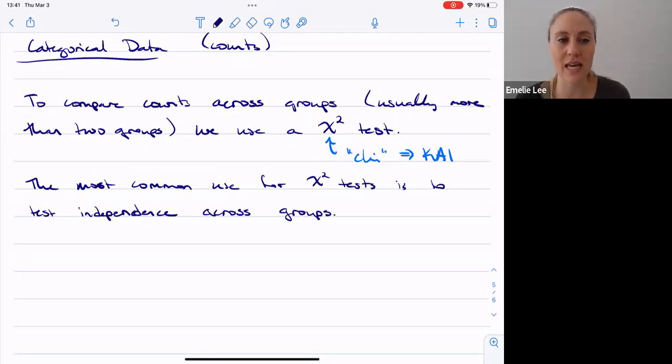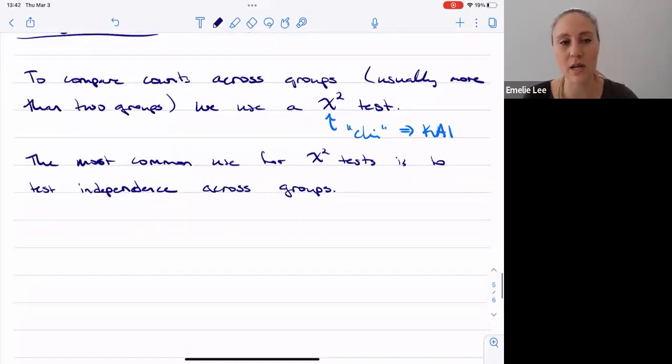So really what we're saying is, I have these counts across some categories, and I can look at one category, or I could consider two categories, and I could split them up in a table like this, the counts. And that's very similar to what we just saw in the numerical case. But to test independence across groups, what we're really doing is comparing the observed counts to the expected counts.